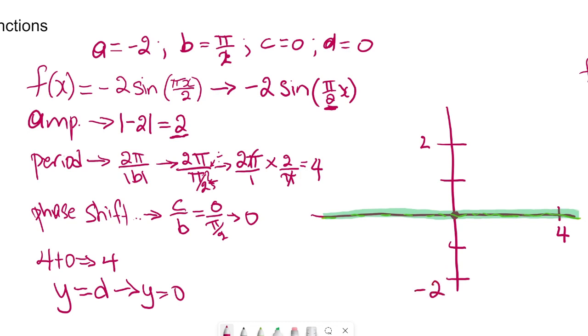Now, we know what the sine graph should look like, right? Originally, the sine graph, you'll have a 1 here and a -1 here. If you recall, we'll have pi over 4, pi over 2, and I'm just recalling what we've done before.